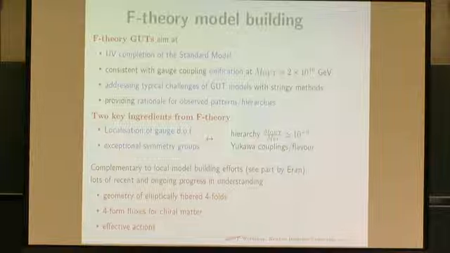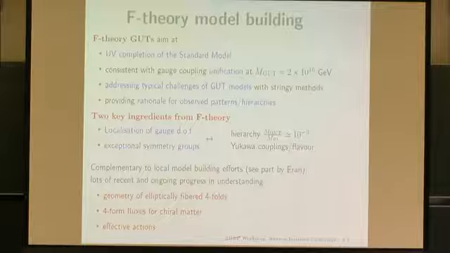F-theory in principle is just a generalization of type 2B, so one could do all the type 2B model building also in F-theory, but in particular one can also do more, namely one can do F-theory GUT model building. So in other words, build a UV completion of the Standard Model, which is in agreement with unification of the forces at some GUT scale.